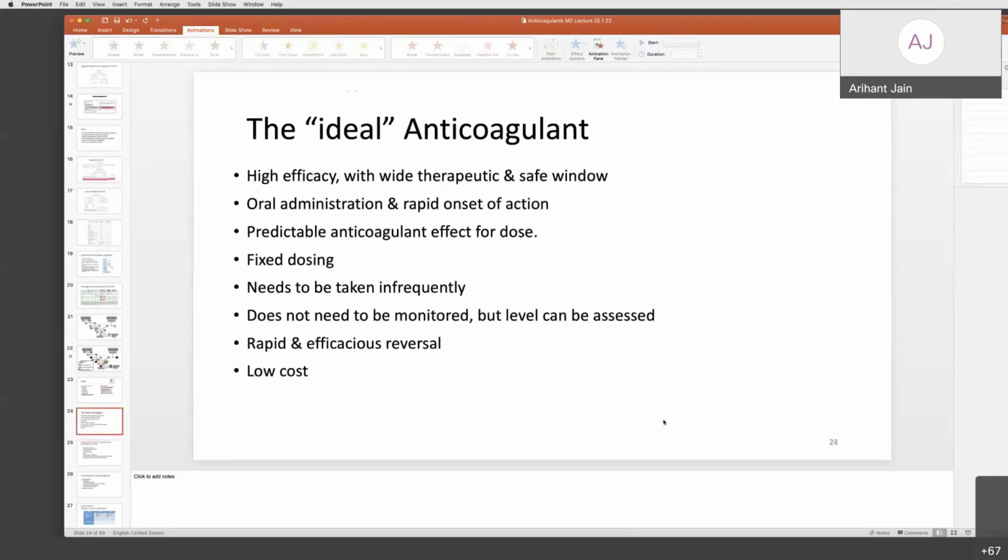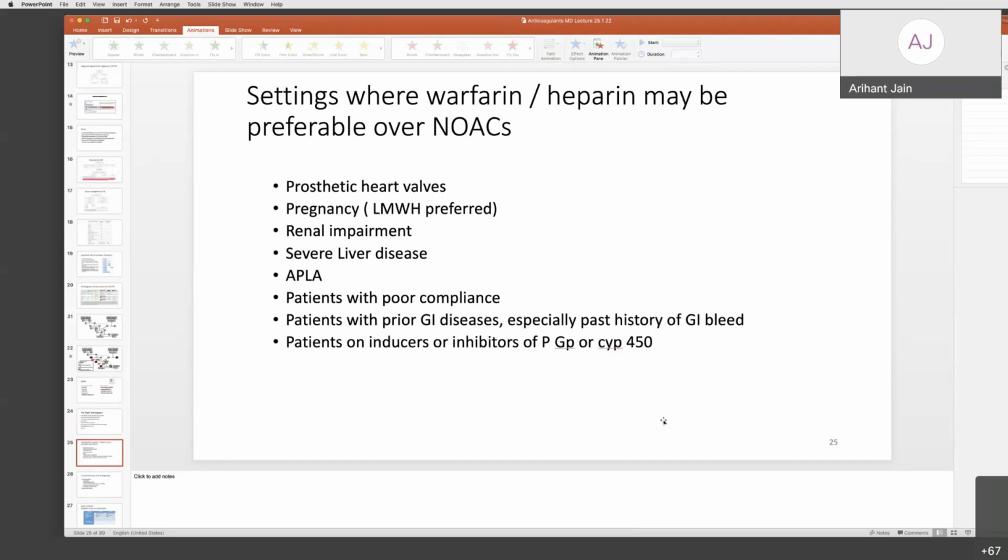So warfarin has a lot of problems with these, and that is why warfarin, which was being used for the past 30 to 40 years, is now being used less and less because it has a very variable dosing. However, there are a few settings where warfarin and heparin are still preferable over NOACs, and you should know those.